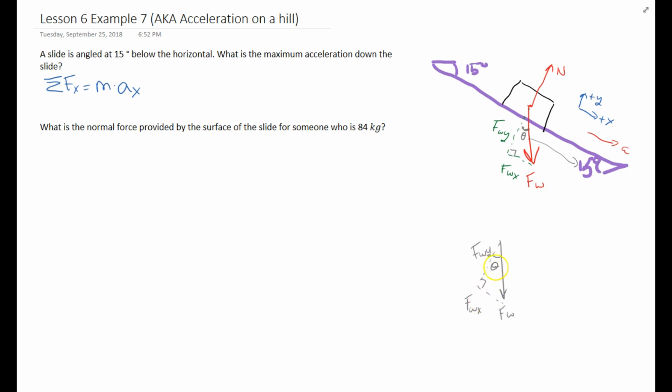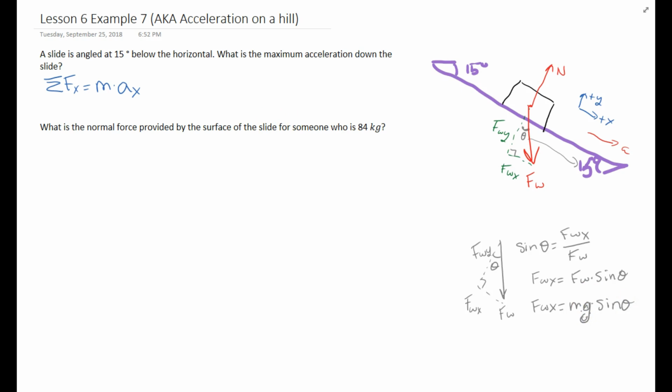Now my x is not adjacent anymore, now it's opposite. So that tells me I need to use sine. Sine of theta is equal to my force of weight in the x direction over my force of weight. So my force of weight in the x direction is equal to my force of weight times sine of theta. Remember, force of weight is also mg, so my force of weight in the x direction is equal to mg times sine of theta.